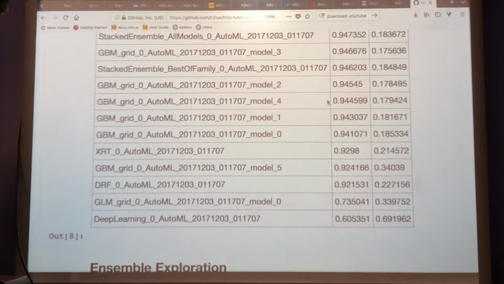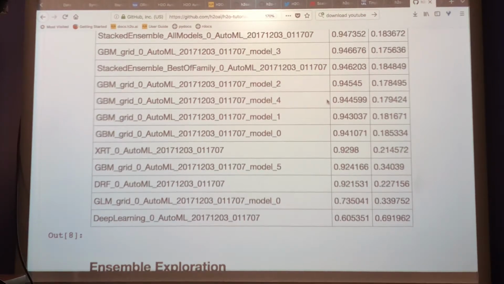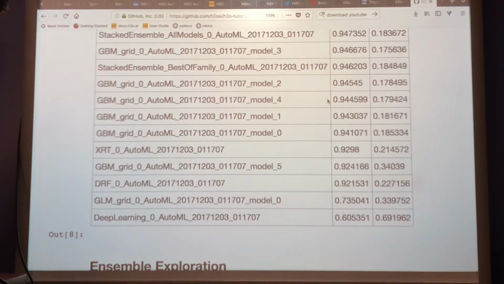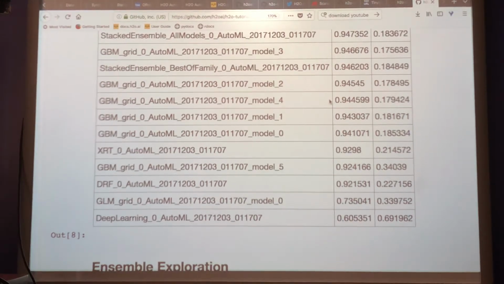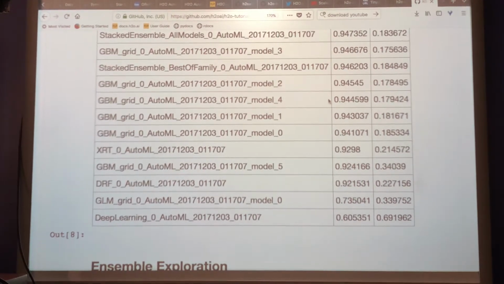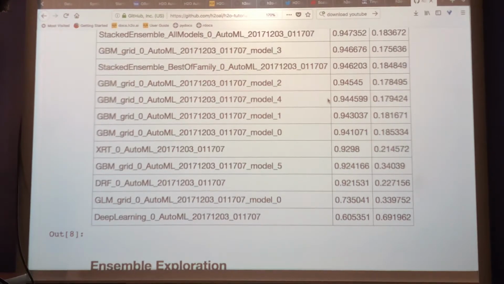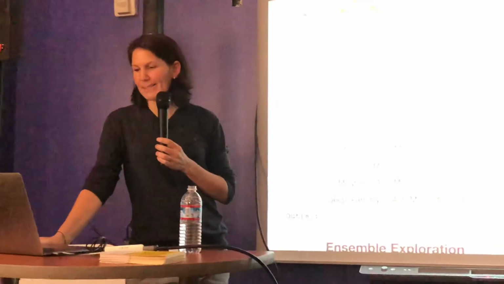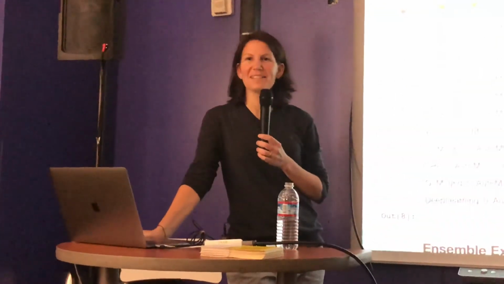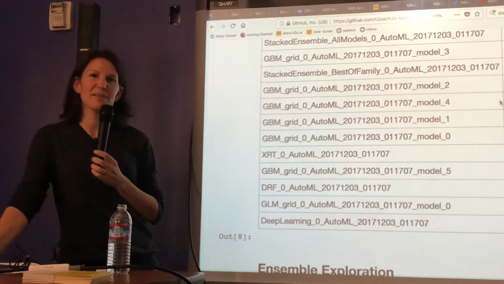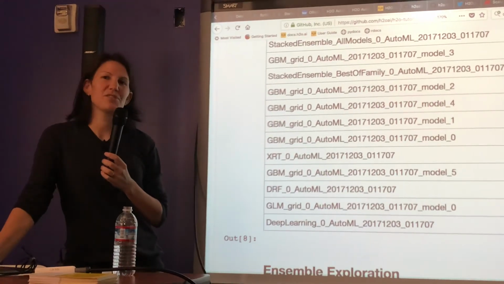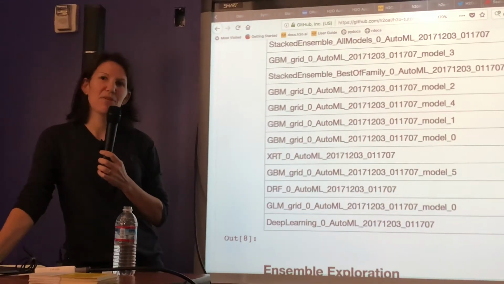Is that a piece of generally accepted wisdom that tabular data and deep learning may not go together very well? So the question is, is it accepted wisdom that deep learning and tabular data don't go well together? I think it depends who you ask. It depends what kind of deep learning you're talking about, what libraries you're using, and how much power you give it.